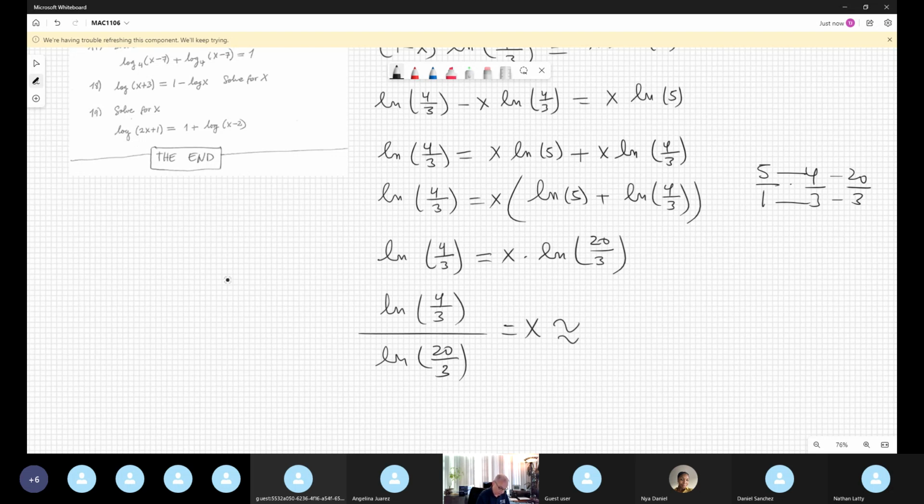Natural logarithm of 4/3 divided by natural logarithm of 20/3. Boom, I get the answer. The answer is 0.15146414748. Maybe in your calculator you get more or fewer decimals, it doesn't matter, but you need 4.